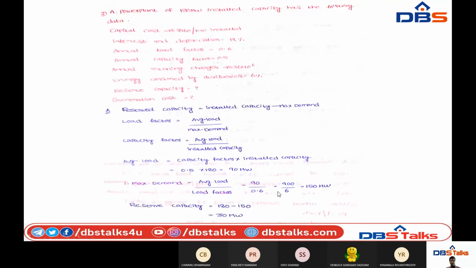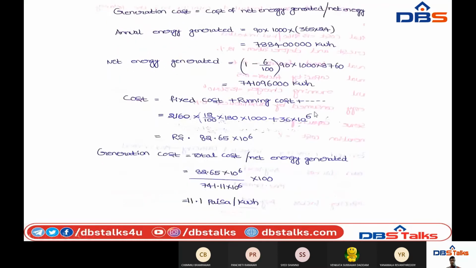Running cost is 36 into 10 power 6. After then, we get 82.65 into 10 power 6 rupees.